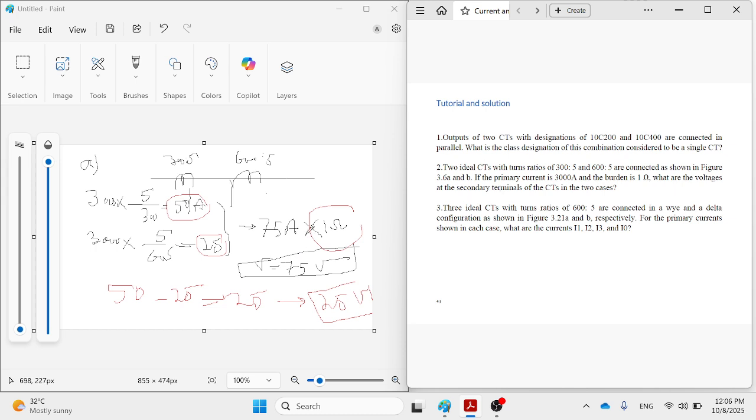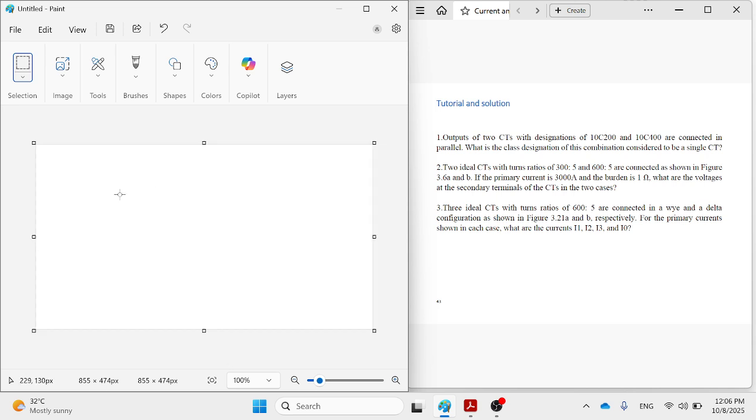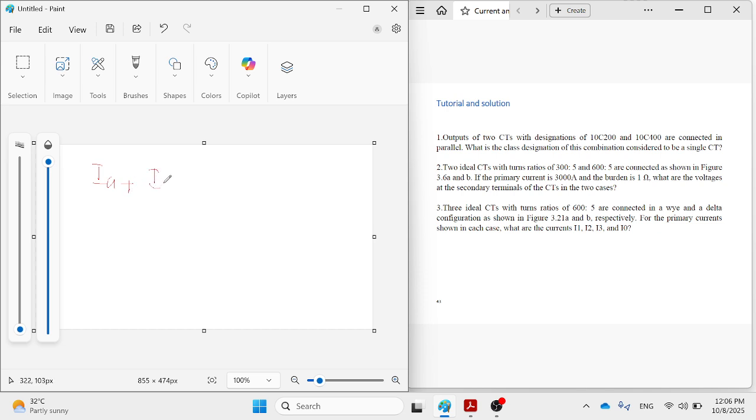Don't forget, as I mentioned in the slides in class, and I think in the previous recorded video, for the balanced three-phase system, we should know IA plus IB plus IC is equal to 0. Sometimes this is given on behalf of the balanced system.